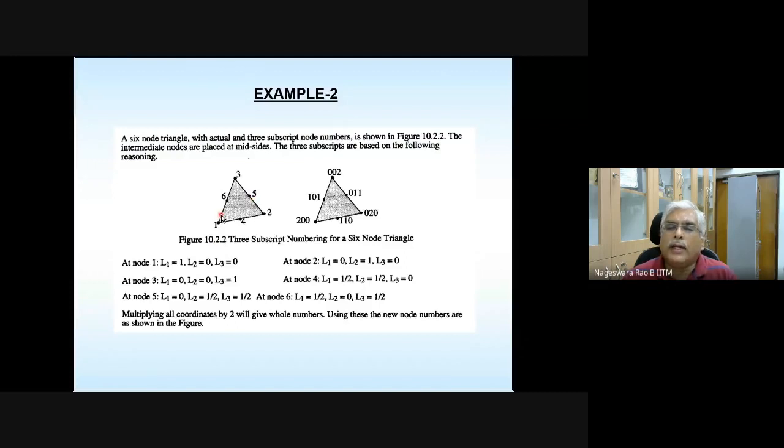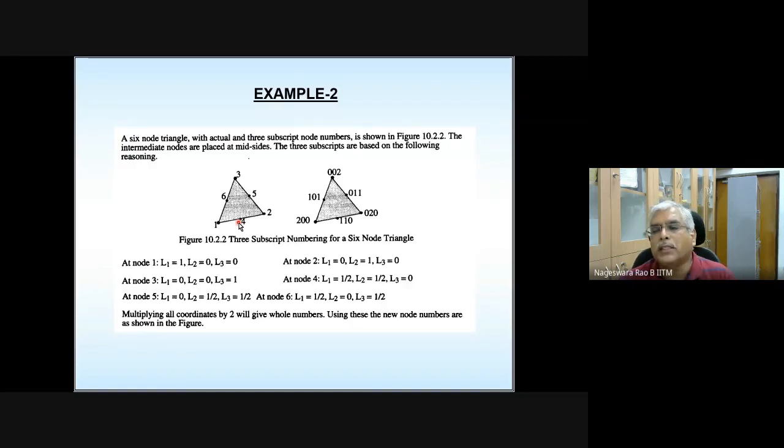And now for each of these nodes, you write L1, L2, L3. How do you get L1, L2, L3 for each of these nodes? Just now I mentioned these 4, 5, 6 are midpoints of these sides. So say x1, y1 is the coordinate of node 1, x2, y2 is coordinate of node 2, x3, y3 is coordinate of node 3. What is going to be the coordinate of node 4?